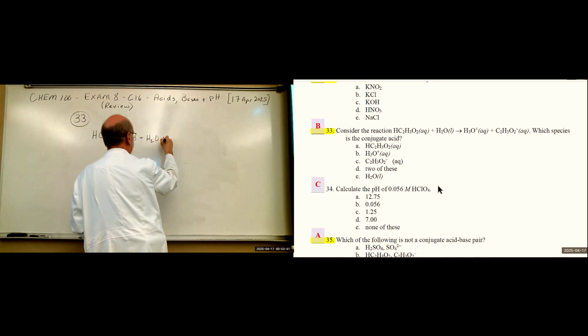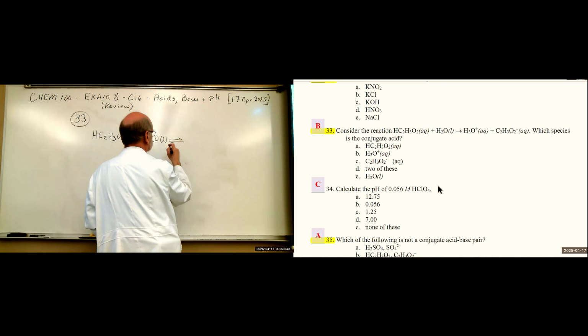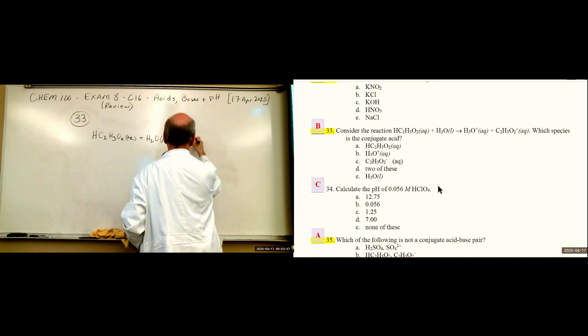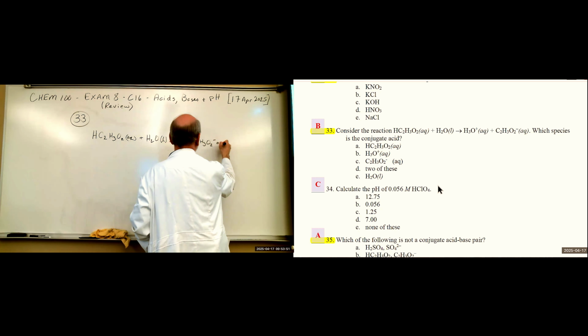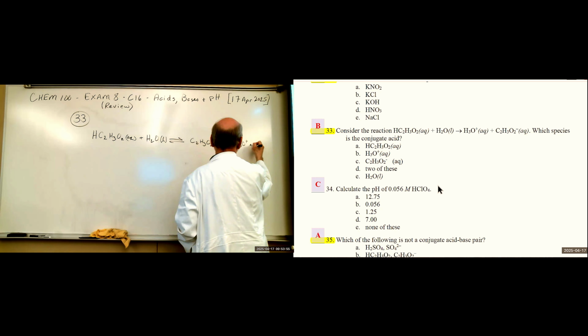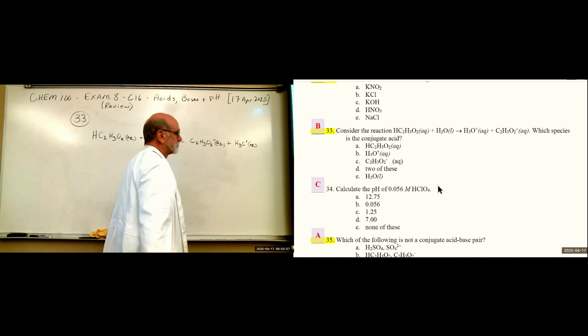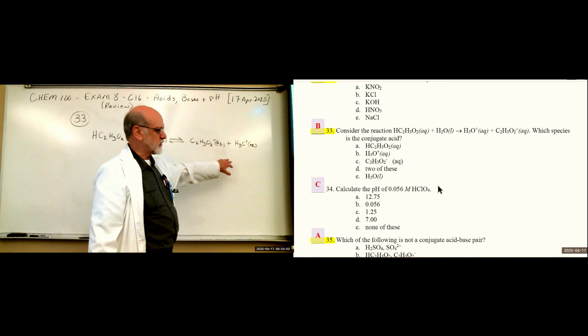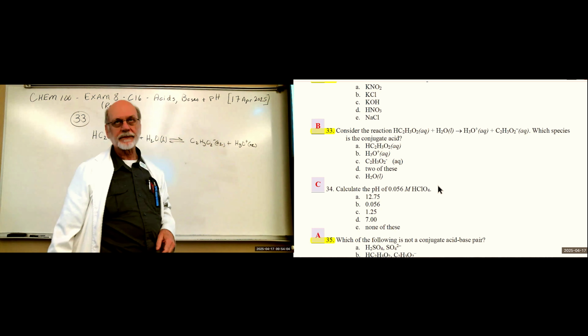Yep. What are we going to get? Well, we're going to transfer a proton from here to here: C2H3O2 minus plus the hydronium. There we go. Okay, well, I wrote it backwards. They put this one first.